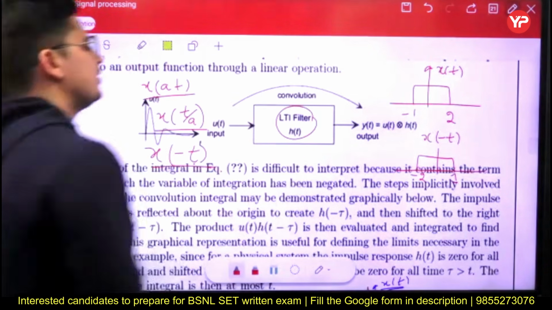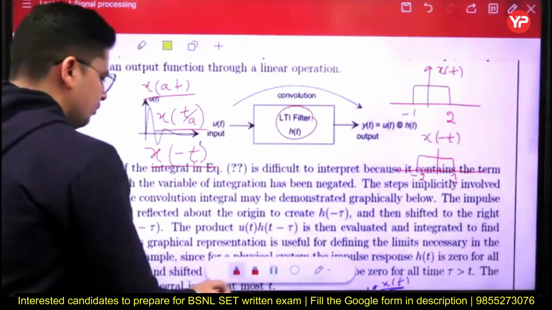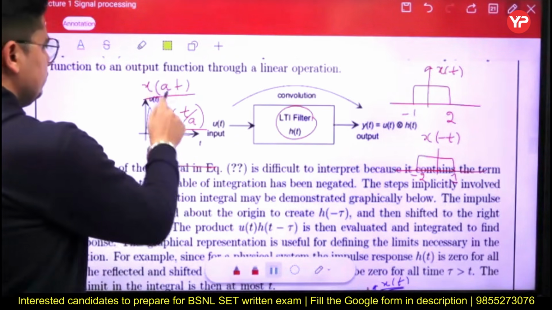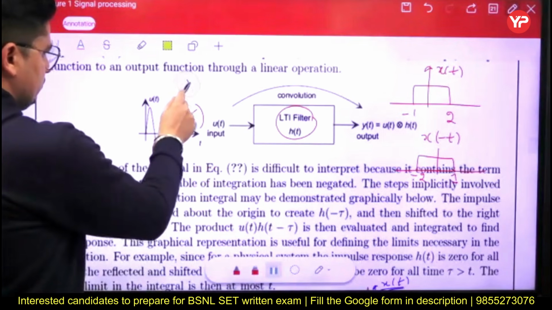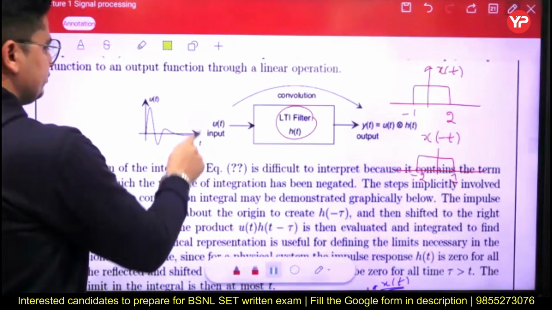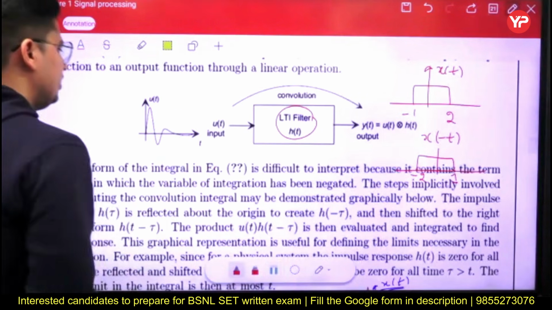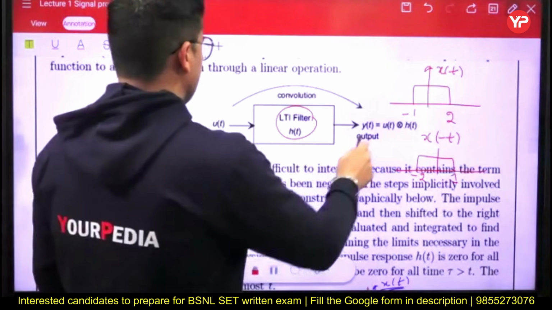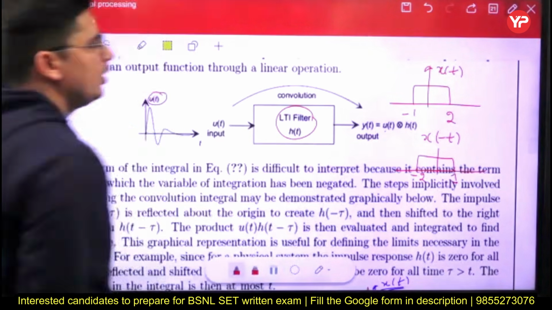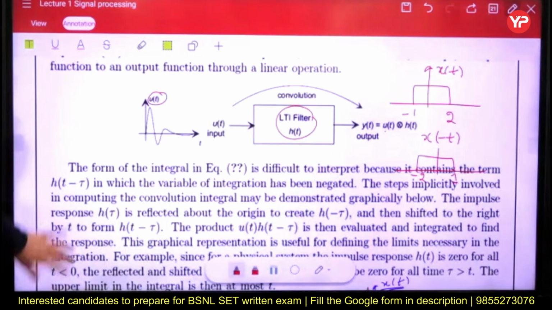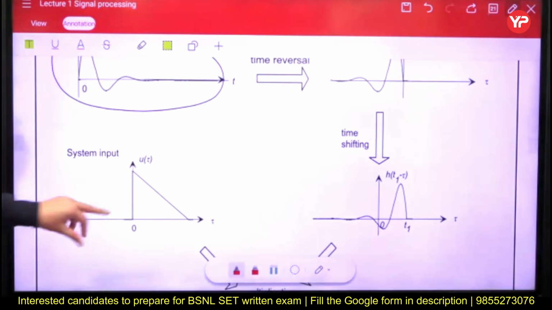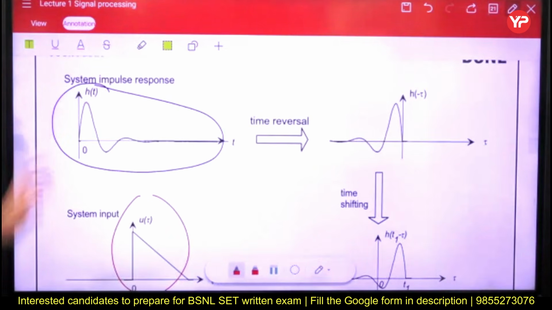This is the LTI system, having an input u of t, its impulse response is h of t, and we get the output y of t, which is a convolution of these two terms. Let us take u of t as a triangular signal like this, and this is our h of t.